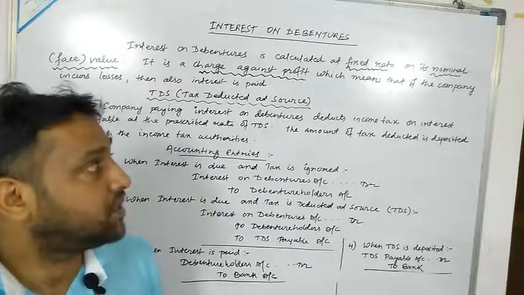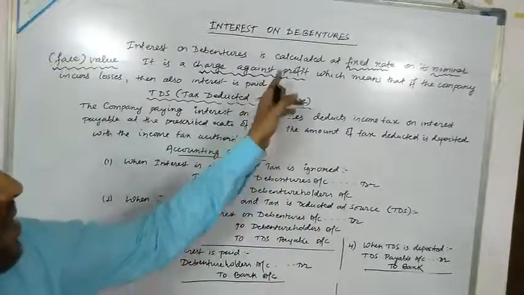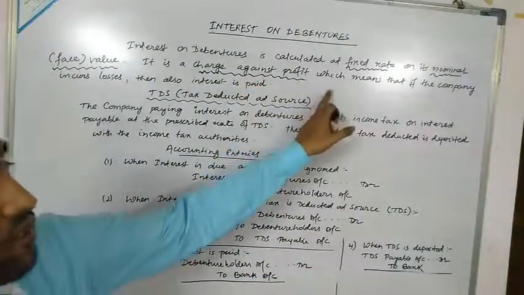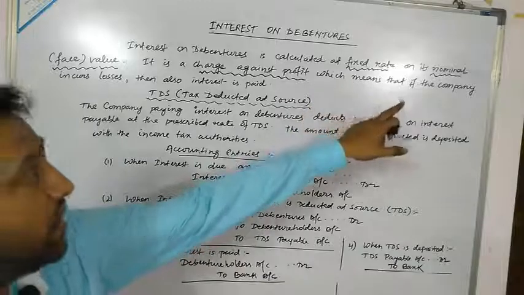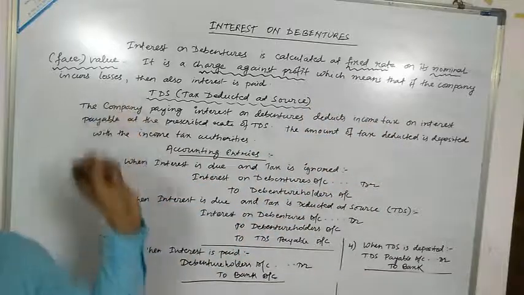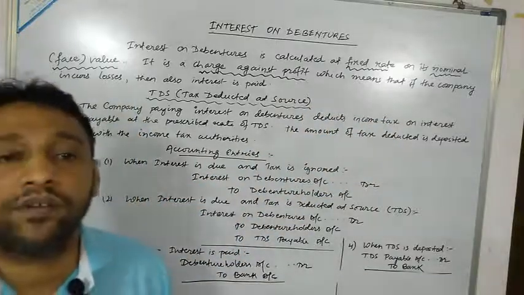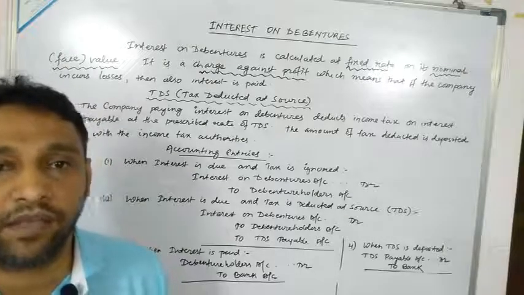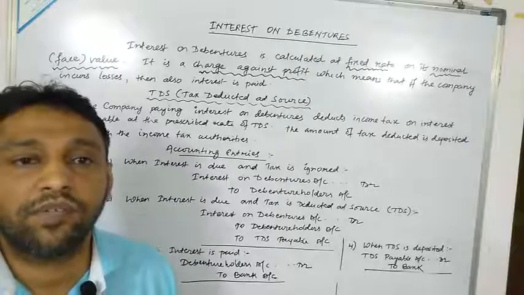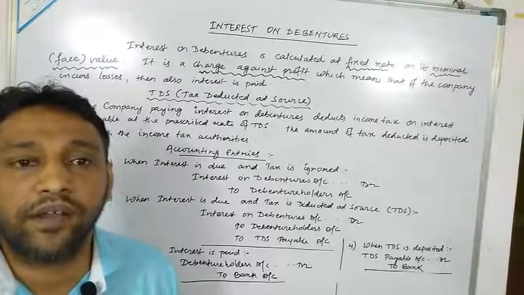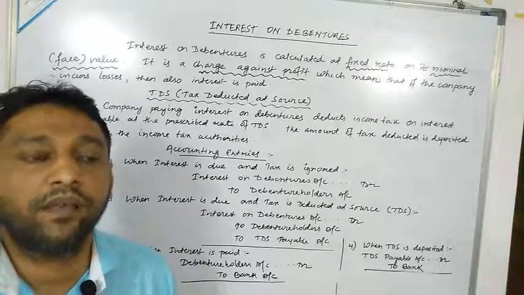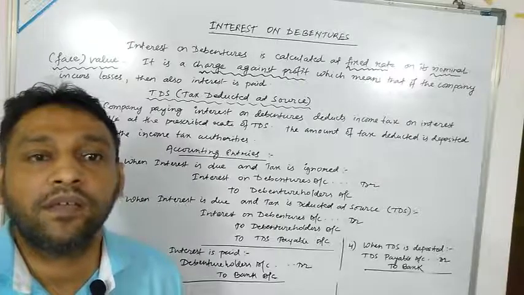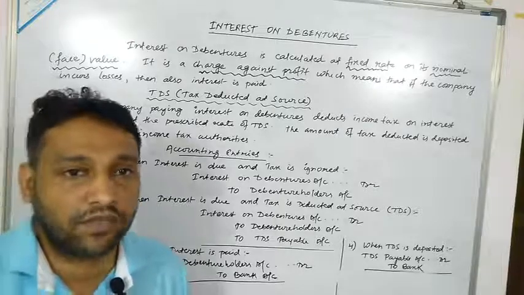In other words, if the company incurs losses, then also interest on debentures is to be paid mandatorily by the company. That's the only reason debenture holders are known as the creditors of the company. The company has to pay interest irrespective of profit or loss.